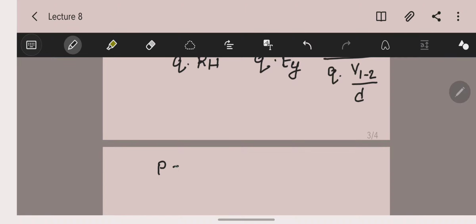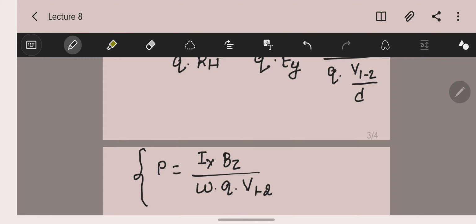Here it is P, because we have considered the P type semiconductor material. This P will be equal to Ix into Bz divided by W into Q into V12. This is the hole concentration, the charge carrier concentration inside the P type semiconductor material that we can easily calculate.